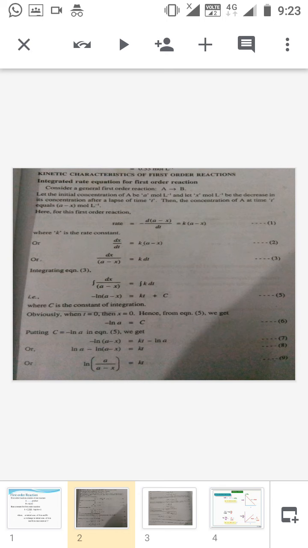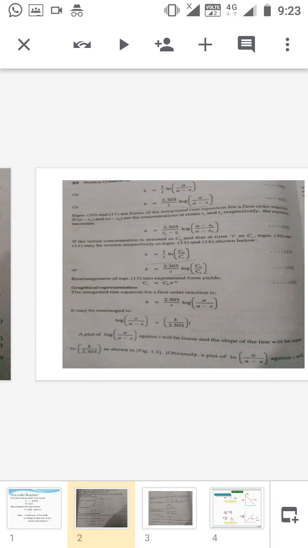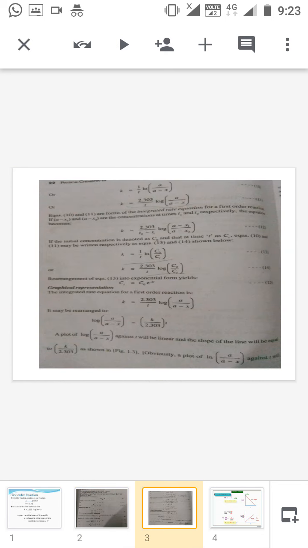Since we can write these ln terms together, ln A by A minus X is equal to kt. Since we have to change the ln in terms of log, we substitute the constant value 2.303. So the equation becomes k is equal to 2.303 divided by t into log A by A minus X.